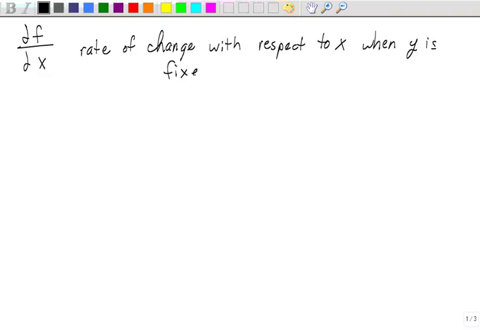So remember, derivatives are a rate of change. And same for the partial of f with respect to y. It's the rate of change with respect to y when x is fixed. So let's try another example.